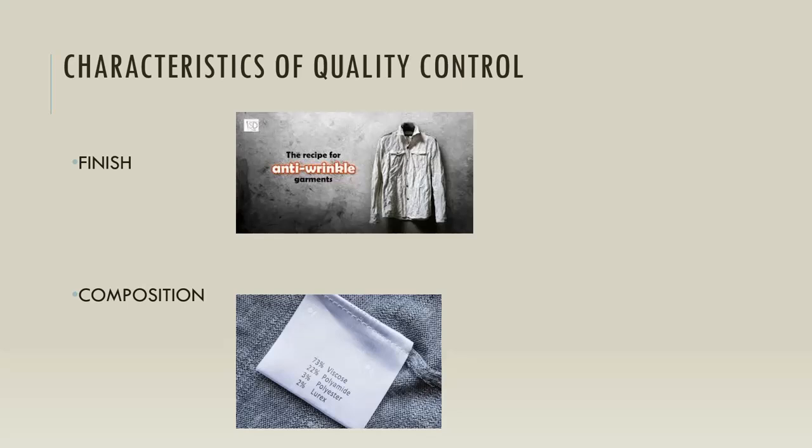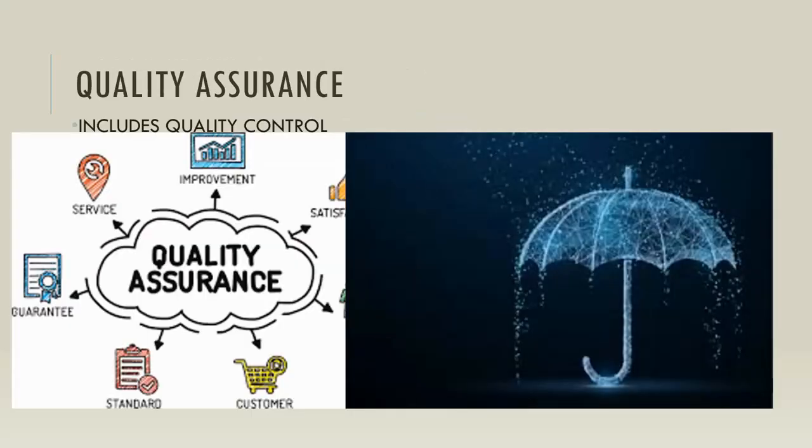Composition of the garment is very important from a regulatory point of view also. So what are the compositions? Whether the garment is made of 100% cotton or otherwise. Those are the different activities of the factory.